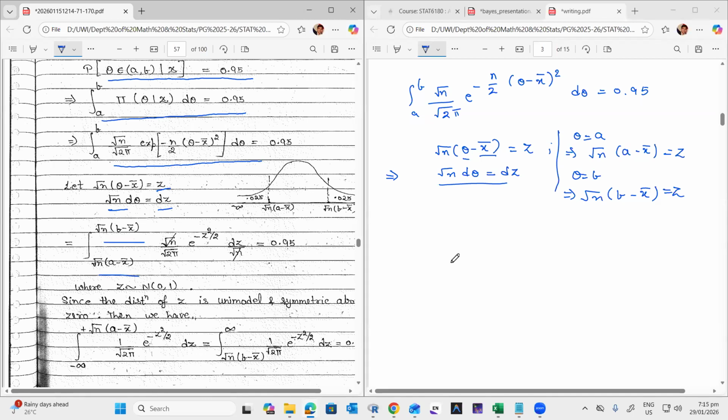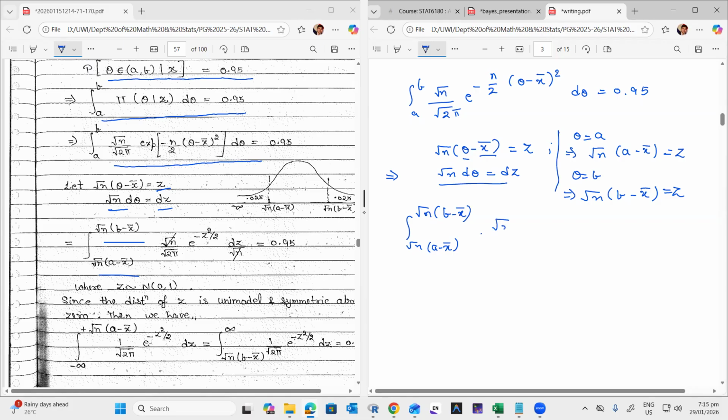Then we will keep these values in the integral. So it will become the integral from root n times (a minus x bar) to root n times (b minus x bar) of root n divided by root 2 pi into e raised to the power minus 1 by 2, and we are taking the square of that one, so it will become z square.